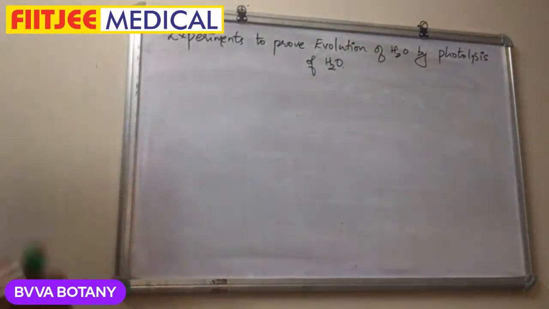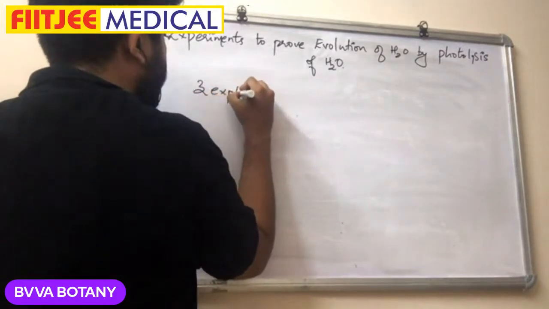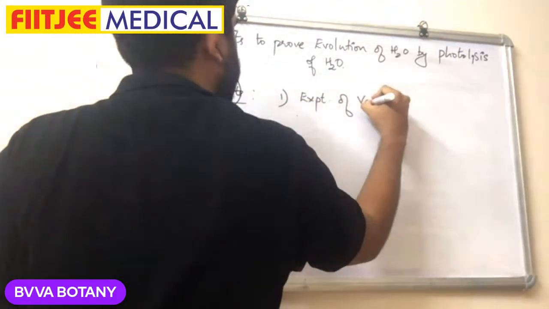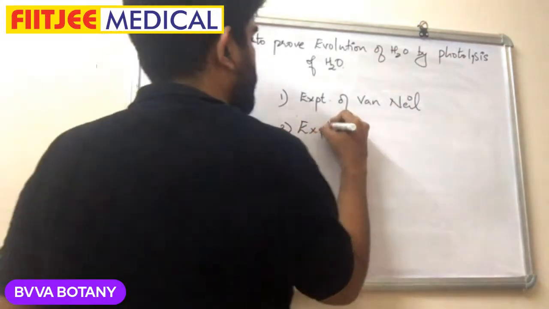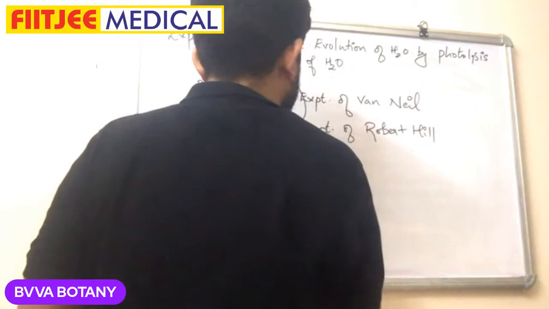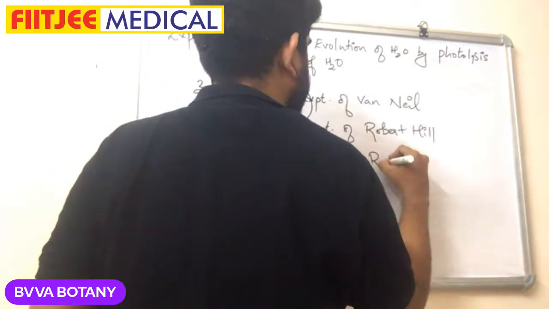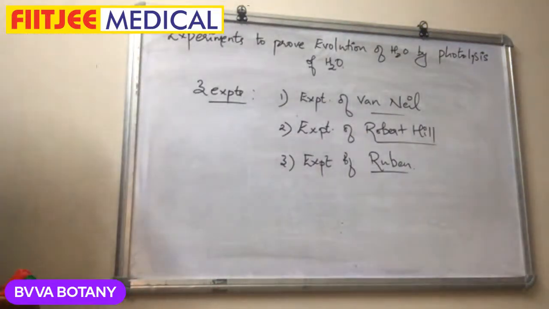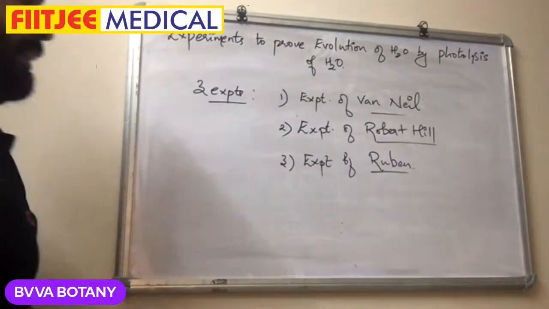Three experiments are there: experiment of Van Niel, experiment of Hill, and experiment of Rubin. Three experiments. So we will take up the experiment of Van Niel.